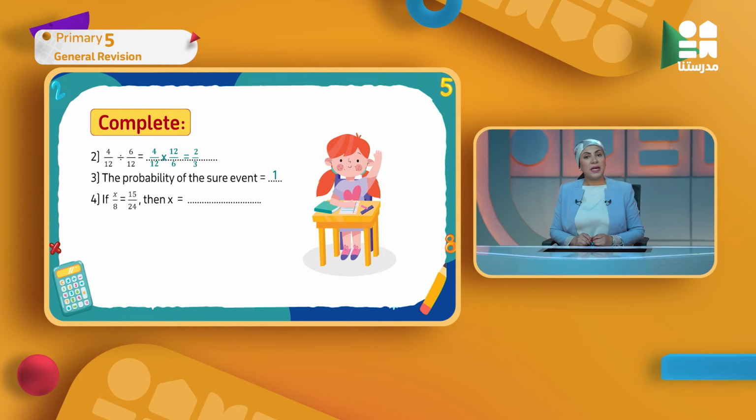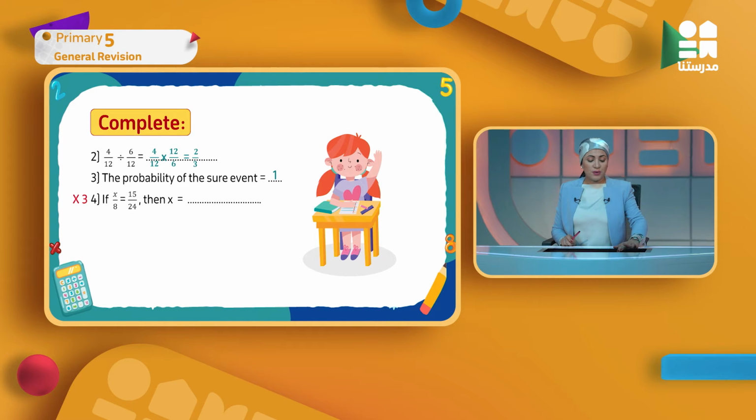And we said that when I multiply the denominator below, I must multiply the numerator in the same fraction by the same value. So here, since I did 8 times 3 to get 24, the x on top must also be times 3 to get 15. So here x times 3 equals 15. What number, when I multiply it by 3, gives me 15? In the times table of 3, 5 times 3 gives me 15.